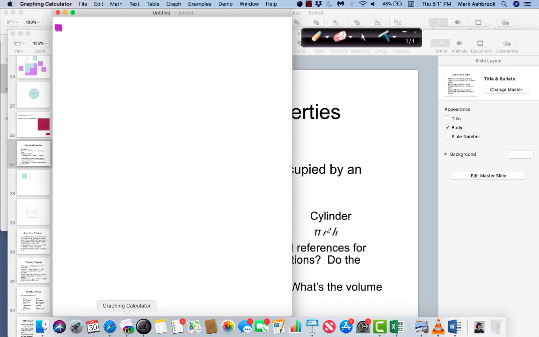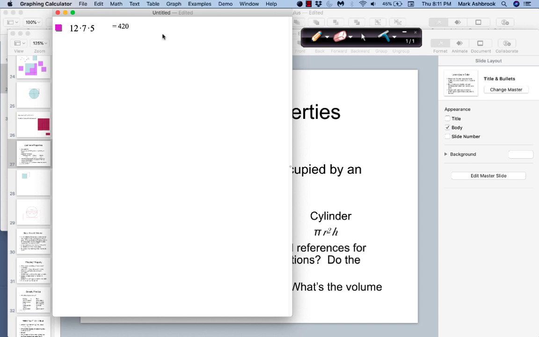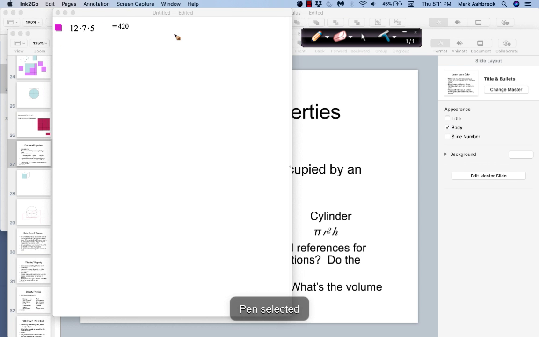The volume of the box would be 12 times 7 times 5, and that would be 420 inch cubes. Okay, and so that's how many inch cubes would fit inside a shoebox that's 12 by 7 by 5 inches.